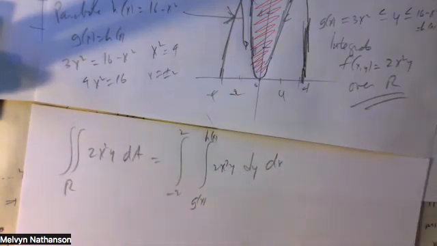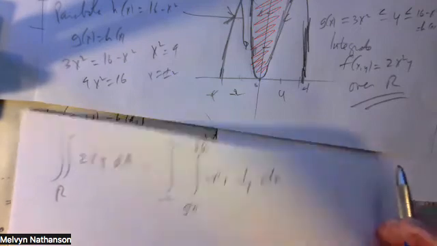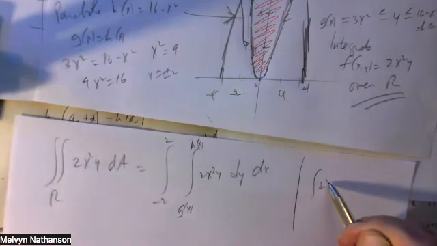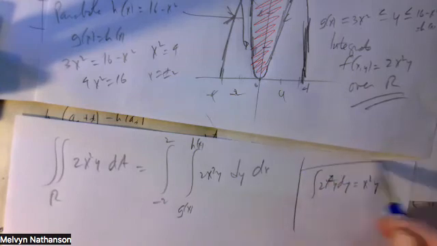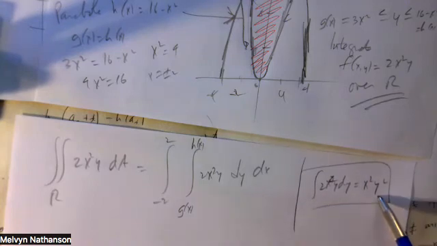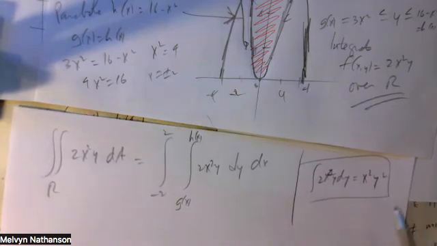2x squared y. Now, the integral of 2x squared y dy, the indefinite integral, is just x squared y squared. If you differentiate this with respect to y, you get 2x squared y.